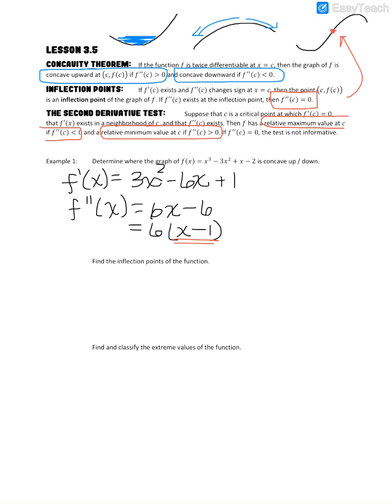Okay, so let's think. If I'm before 1, so let's say I'm at 0. In here I have a negative 1. That gives me a negative 6. So that means I'm negative on the left side of 1. That means I'm going to be concave down in that interval.